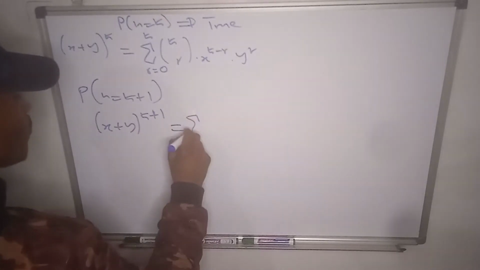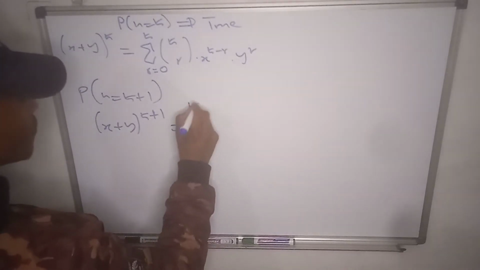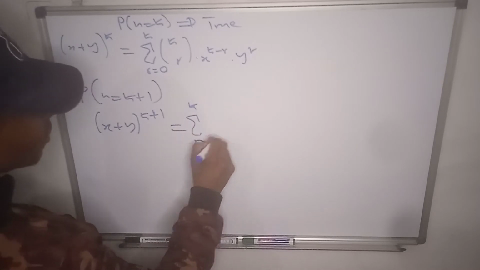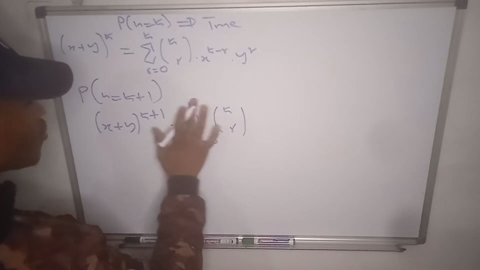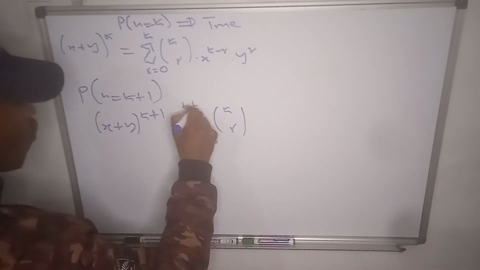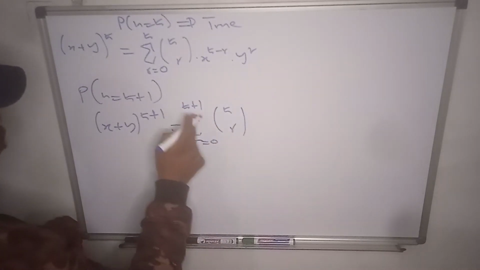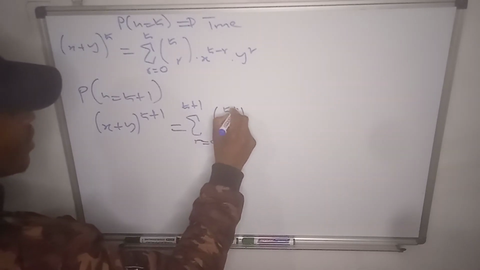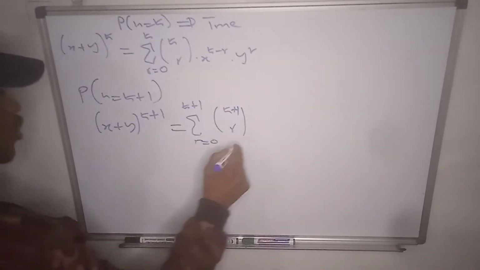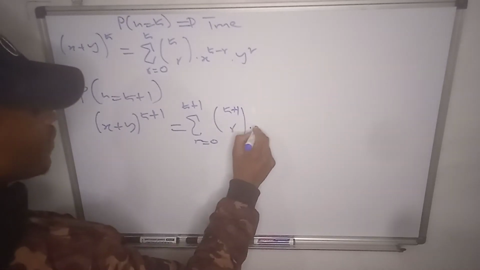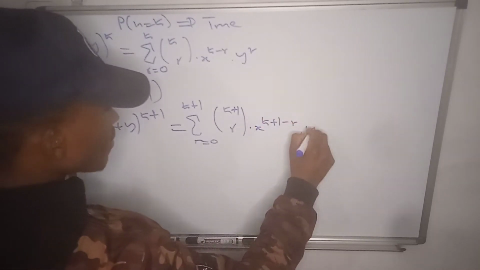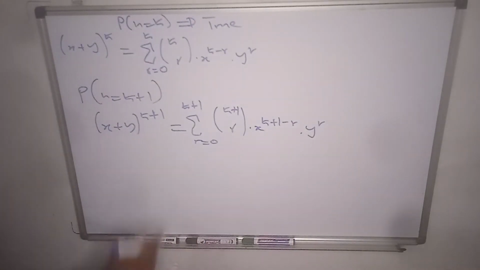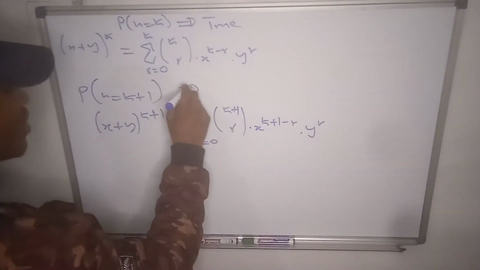Even here we are going to put the summation from r = 0 to k plus 1, because that's where n is. Even here it will be k plus 1, we are using the original equation. And even here it's going to be x^(k+1−r) times y^r. And then we are going to assume that this is also true.